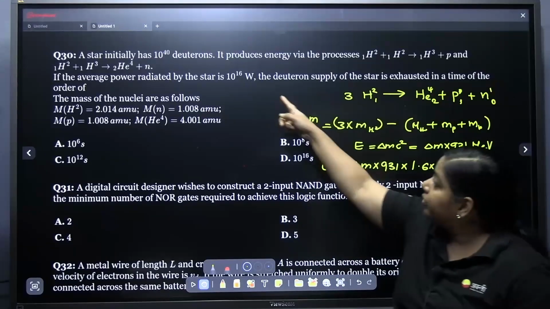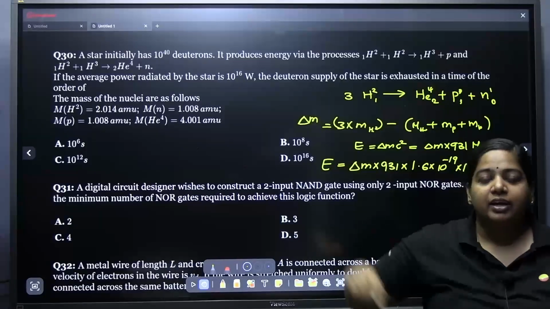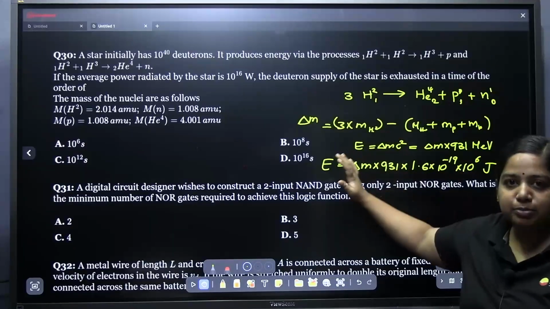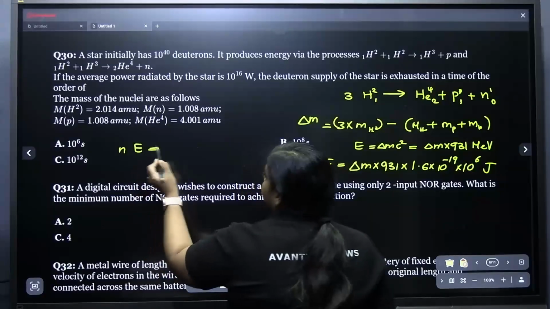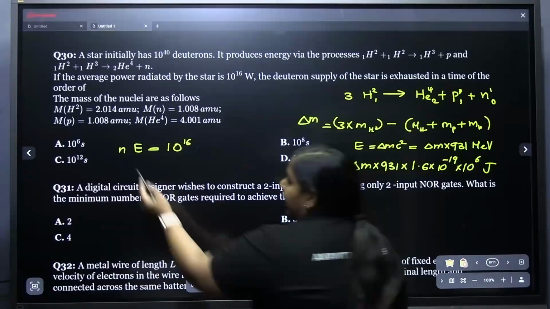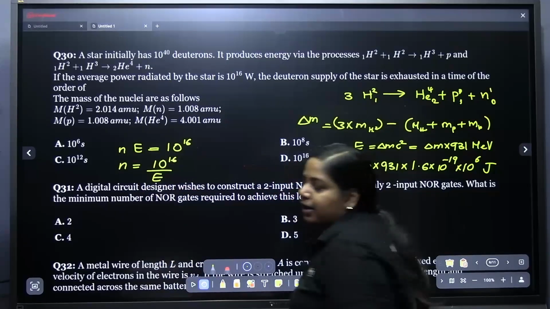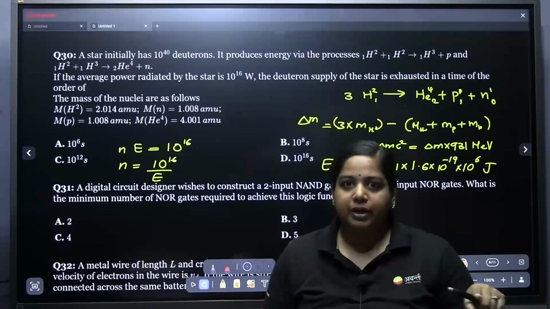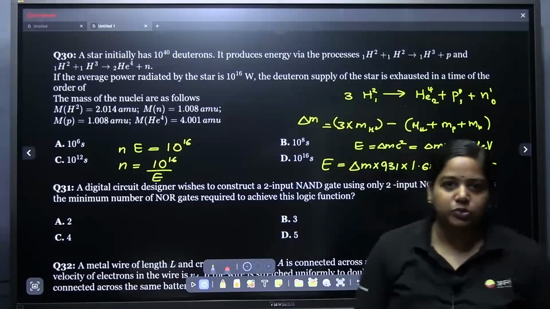Now, average power radiated is 10 to the power 16 watt, which means in 1 second this much energy is released. One reaction gives this much energy, so N reactions will give this much energy. N is equal to 10 to the power 16 by E. This is the number of deuterons used per second. Okay, per unit time how many deuterons are being used.